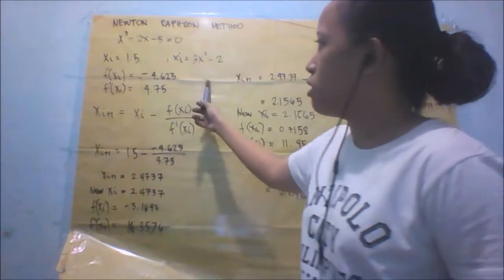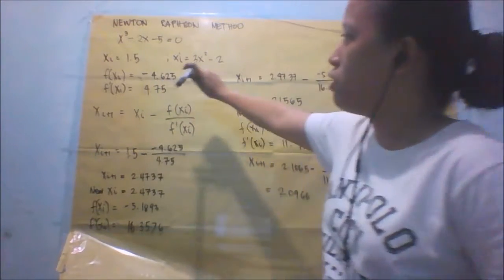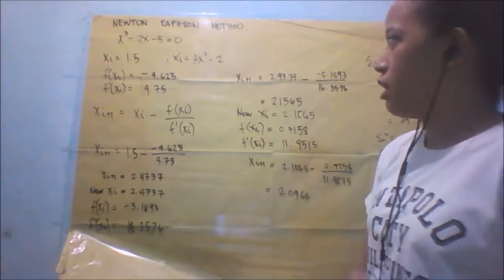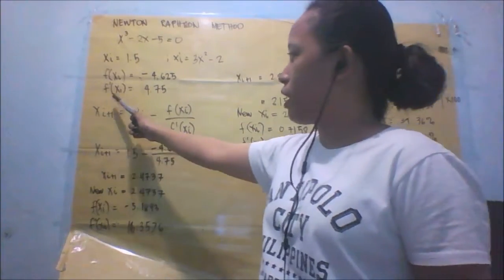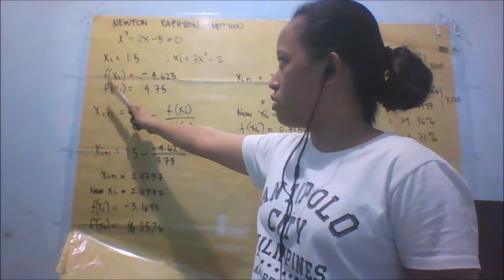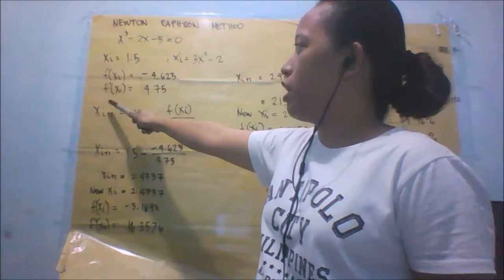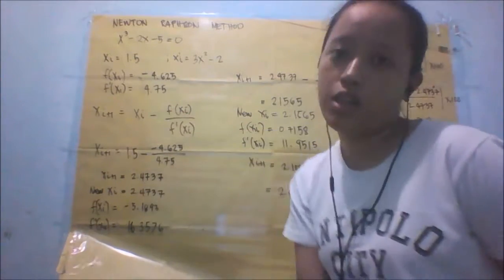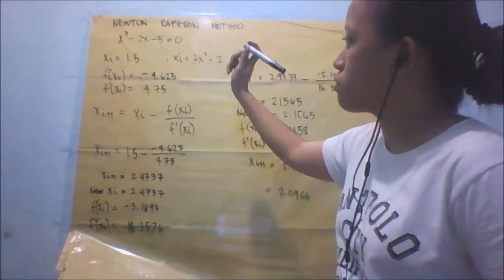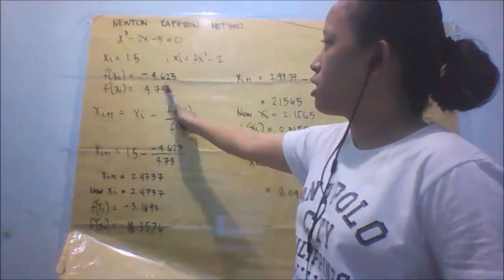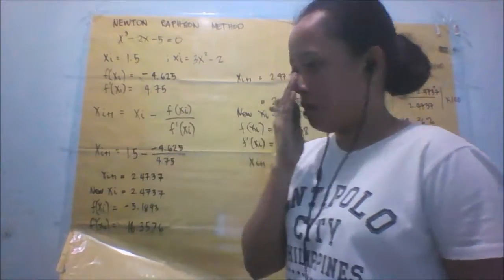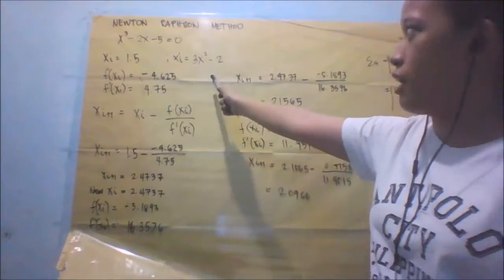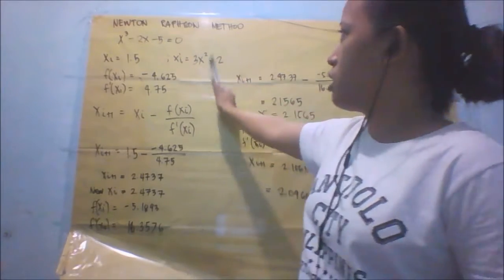If we substitute that, we will have negative 4.625. The first derivative of f of xi is equal to 4.75. You get this 4.75 by substituting this xi in our first derivative.